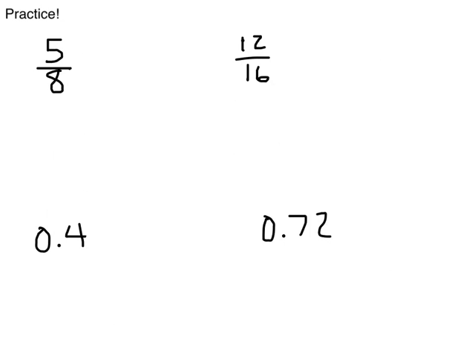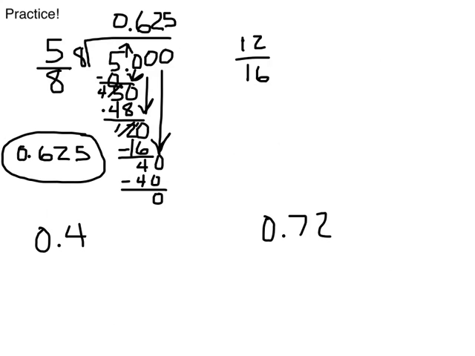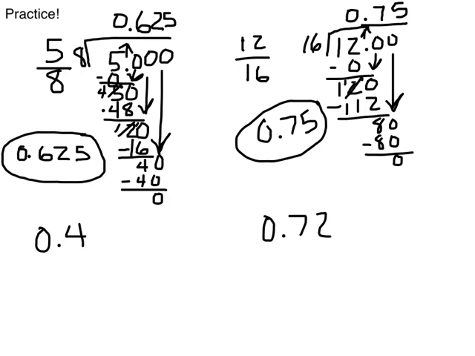Convert 5/8 into a terminating decimal. Go ahead and do that now. 5/8 is equal to 625 thousandths. Let's try another. Convert 12/16 into a decimal. Go ahead and try that now. 12/16 is the same as 75 hundredths.